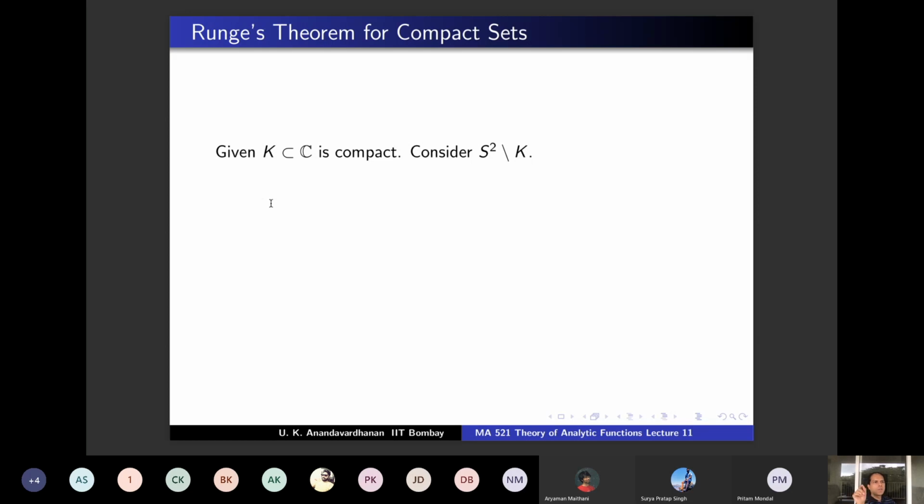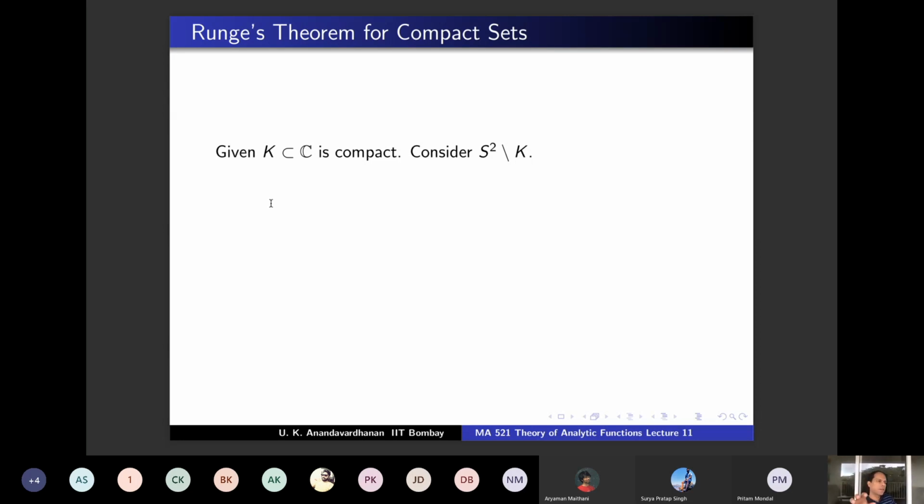For the point at infinity, an open disk around it would mean mod z bigger than some r, away from 0, is a neighborhood of infinity. So a disk D(infinity, r) will be the z such that mod z is bigger than r. Using this, you topologize, and that is S2. For all these results, it's S2 that is important. It is the connectedness of S2 minus K, or the components of S2 minus K, that will play a role. So consider S2 minus K.